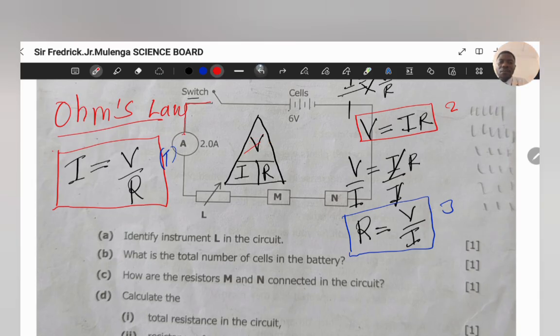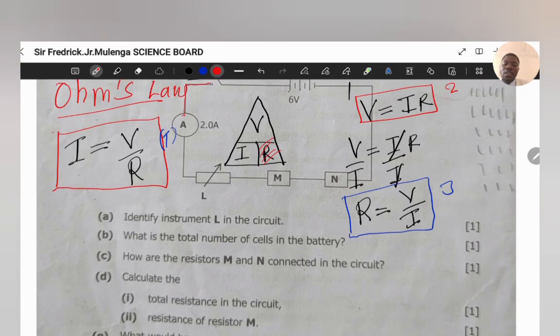If you are calculating resistance, you cover resistance, and you divide voltage over current. Every time you are calculating current, you also cover current. It means you divide voltage over resistance. Simple as that.